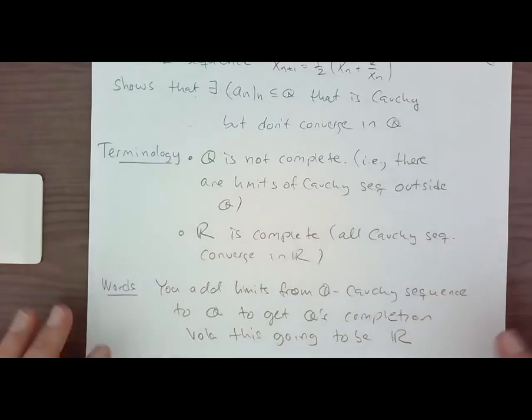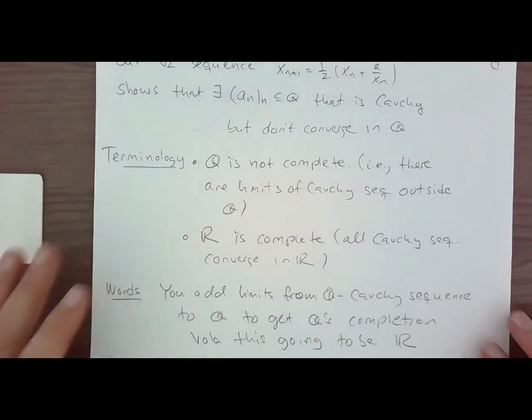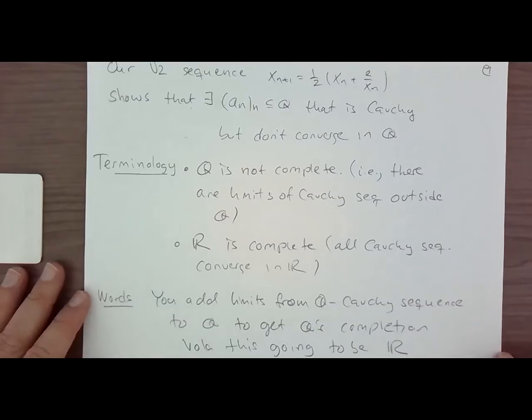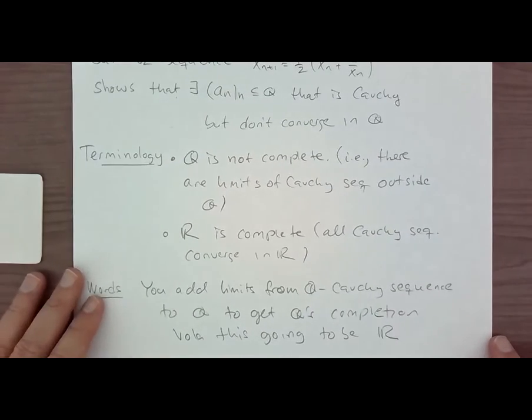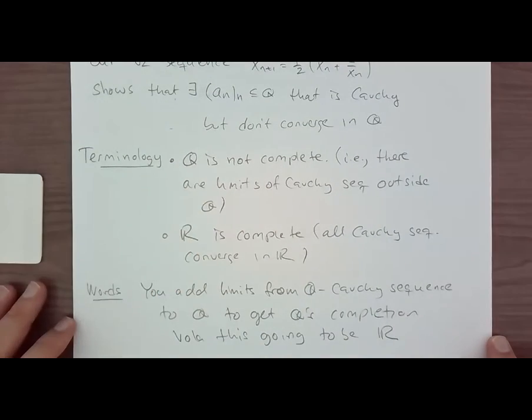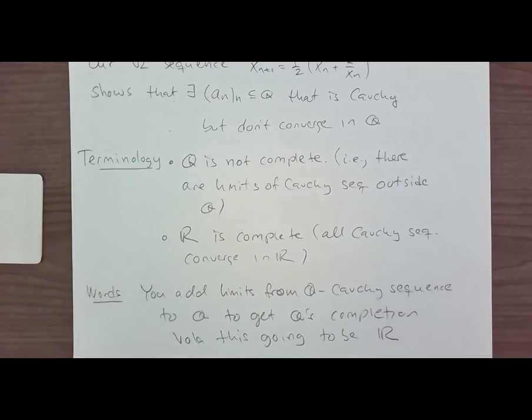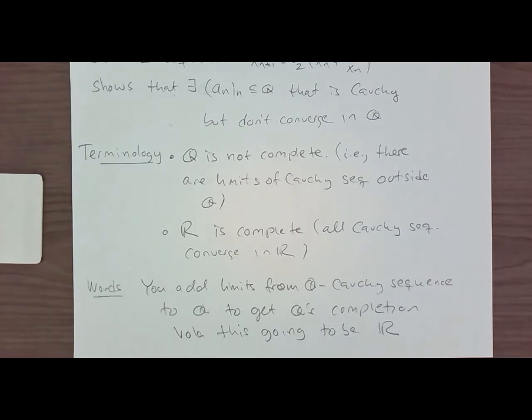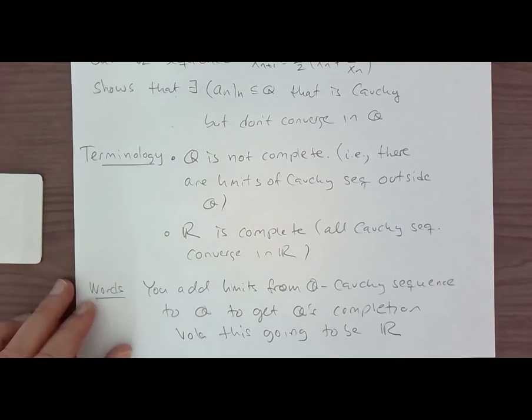You look at Cauchy sequences, and then you want to know whether or not all Cauchy sequences are convergent. For Q, the answer is no, but then you look at something bigger that has the property, and in Q's case, it's going to be R. And this is indeed one way to define R. Are there any questions on this?